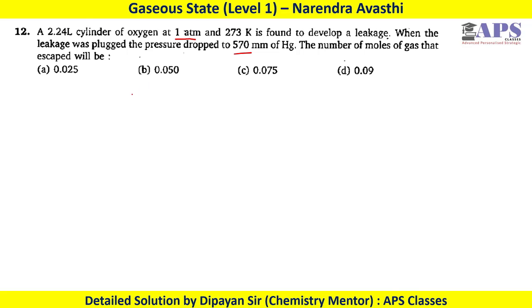So this pressure difference is directly proportional to the number of moles which escaped from the system. So the pressure difference is (760 minus 570) divided by 760, because you have to convert it into atm. Volume is 2.24 liter.